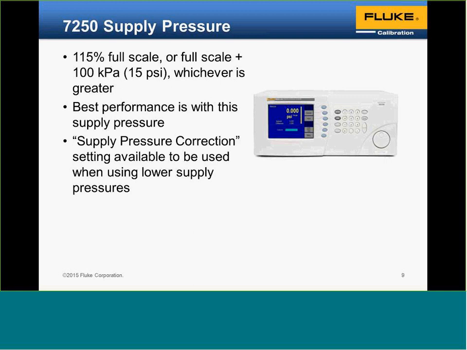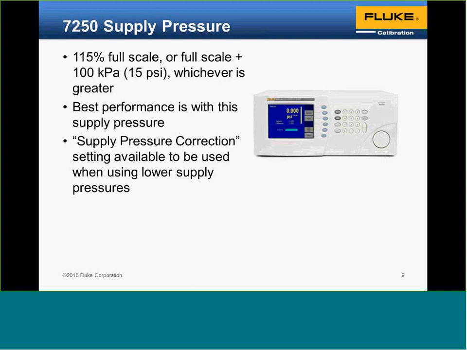For the best performance, look at supply pressure. There is a setting in the instrument called supply pressure correction. If you're using the instrument with lower supply pressure, setting that will allow the control algorithm to adjust for the lower supply pressure. It depends on how well it can adjust.